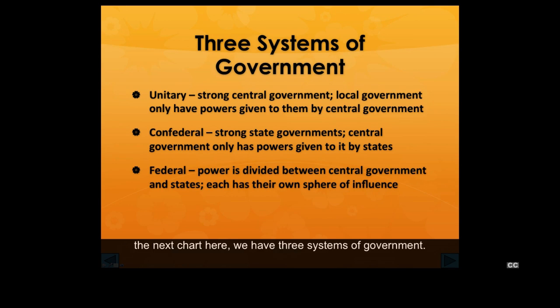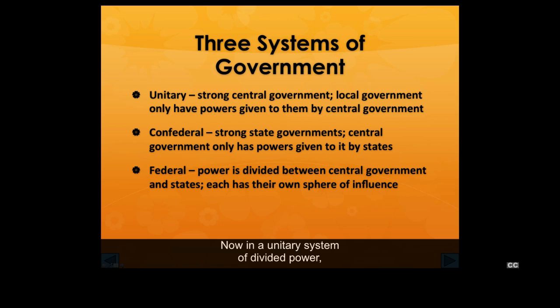So let's kind of flesh this out a little bit more. And on the next chart here, we have three systems of government. Now, we learn what our system is and is not by learning other systems of power. So here we have the unitary, the confederal, and the federal systems of power.